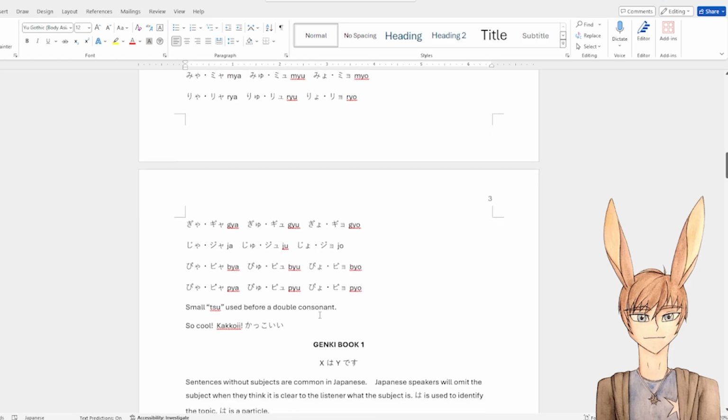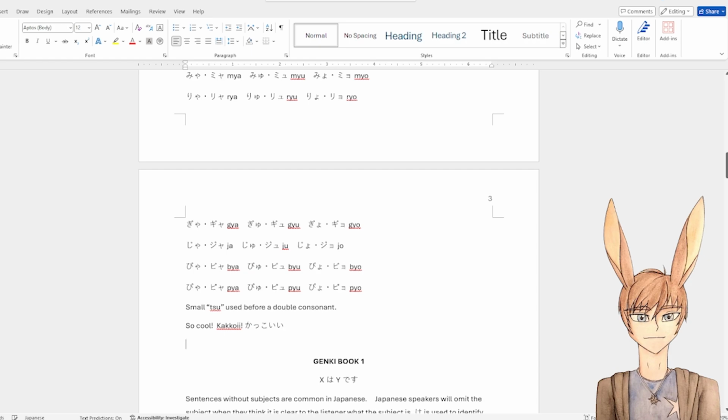Let's see, what's another example of the small tsu and the double consonant that I could talk about. I think school is pronounced as gakko.